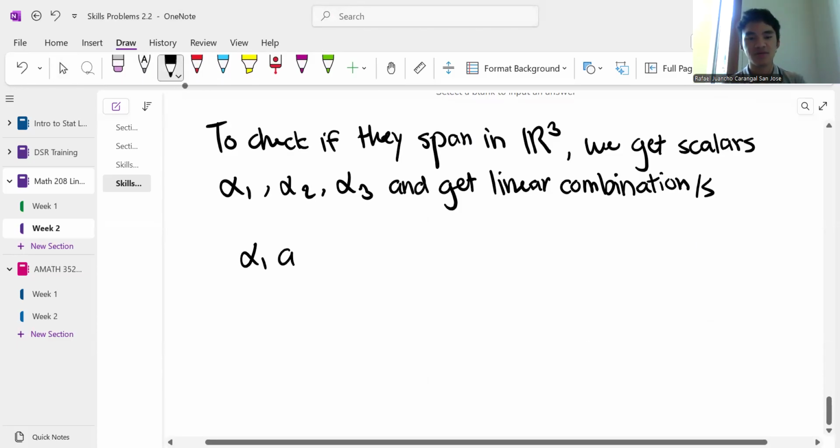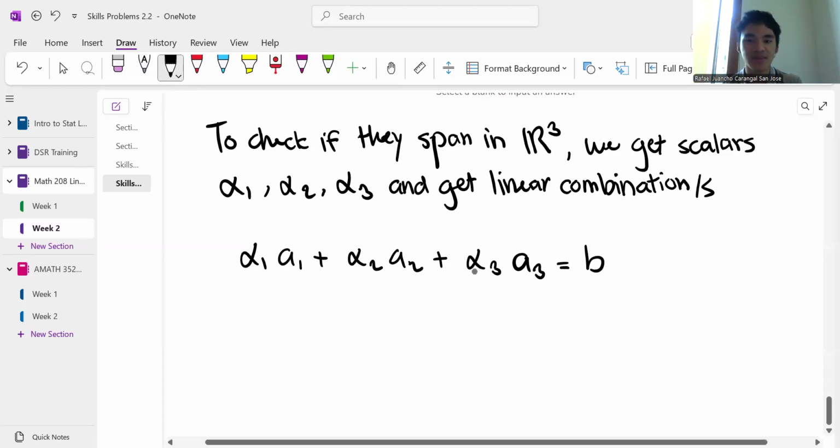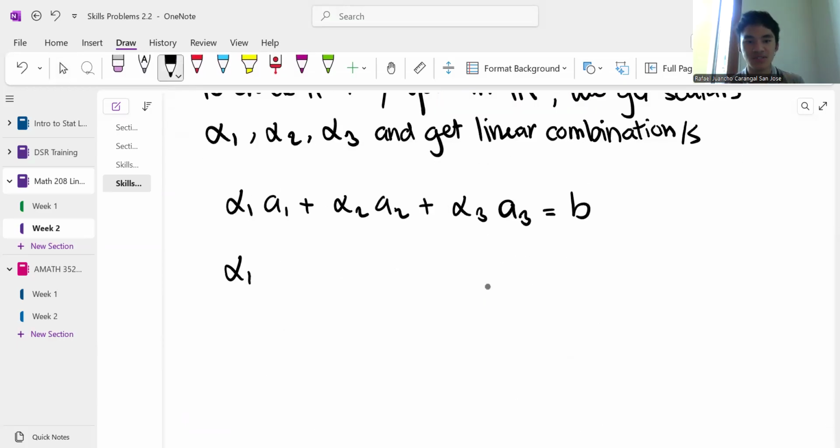Okay, so A sub 1, A1, A sub 2, A2. Alpha sub 1 A1, alpha sub 2 A2, alpha sub 3 A3 is equal to some B vector, right? And so let's expand.